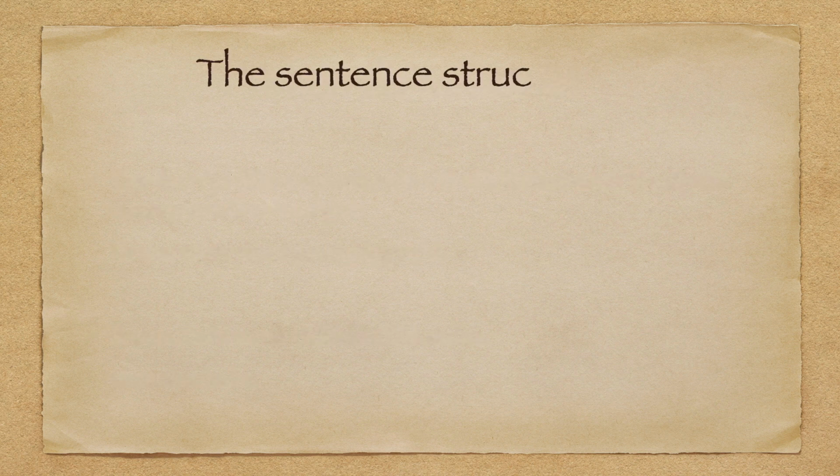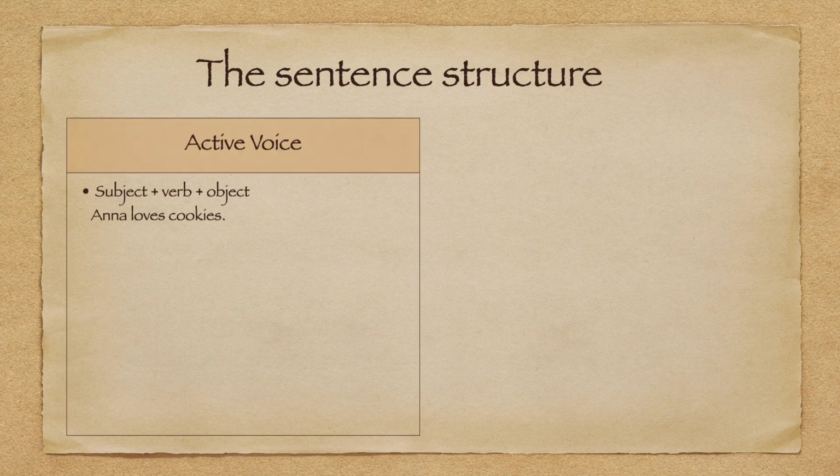Now, it's time to learn more about the sentence structure in the passive voice. In order to do that, let's compare the active voice with the passive voice. In the active voice, our sentences begin with a subject, then comes a verb, and only after it we have our object. Anna loves cookies.